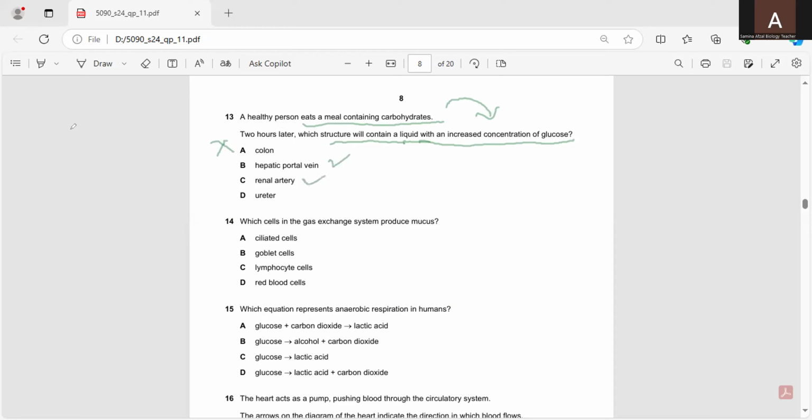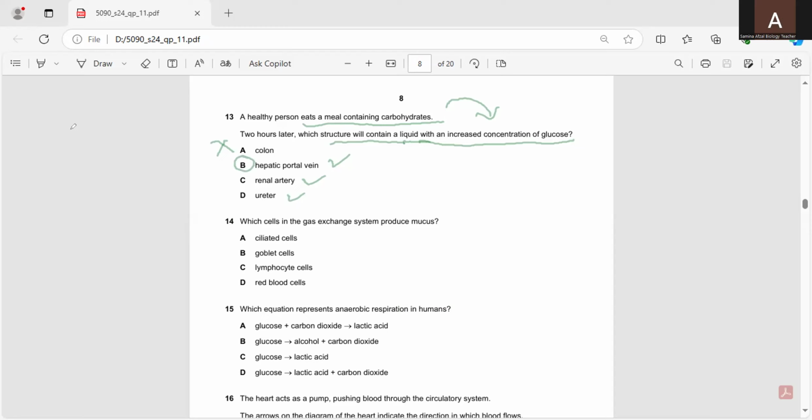Renal artery, no, this is not the correct option, as the renal artery takes blood to the kidneys, and the ureter takes urine from the kidneys towards the urinary bladder. So only the hepatic portal vein is there. When food is absorbed into the small intestine, that absorbed food is taken towards the liver by the hepatic portal vein. So B is the correct option.